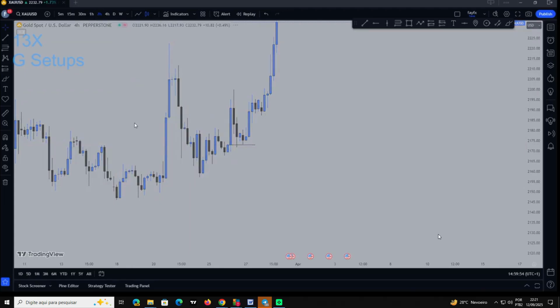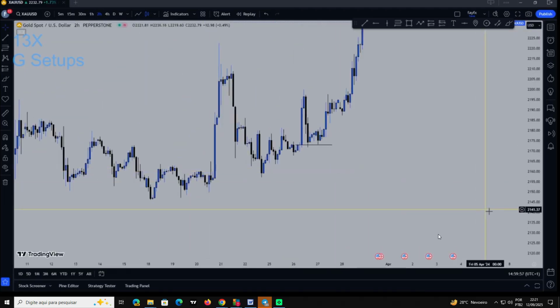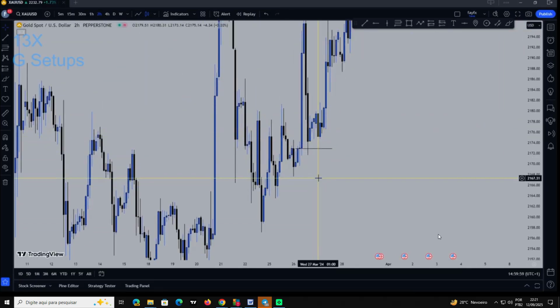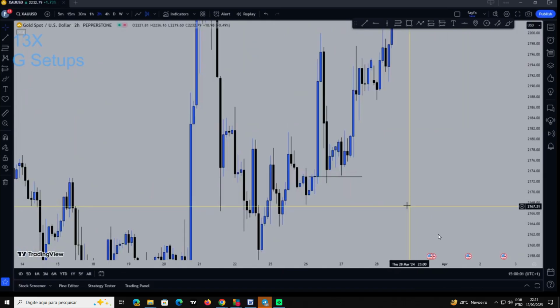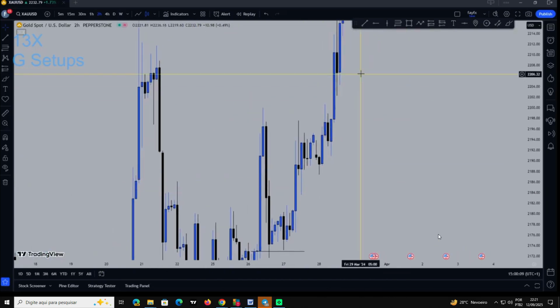And when we go one time frame lower, we find a gap at the same level. Look here, gap H4, 2 hours, gap CC. Price came down, touched that level and flies up.